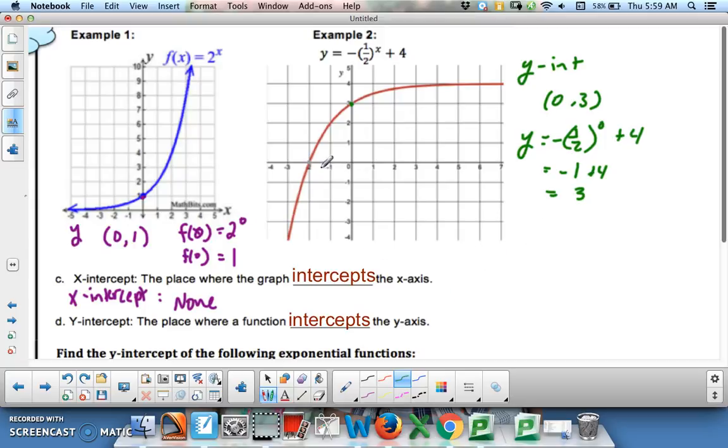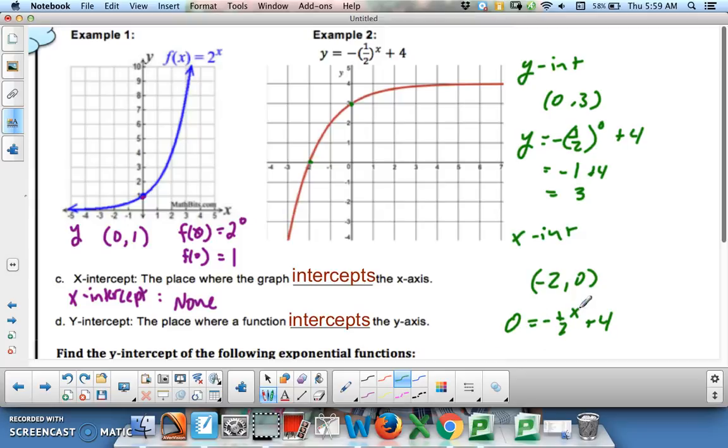The x-intercept this time, it does cross the x-axis because my asymptote's in a different spot, so it's not approaching that 0 anymore. I cross the x-axis, and graphically it looks like it is at -2. So that's going to be (-2, 0). Now, technically, you could do this algebraically by saying 0 = -(1/2)^x + 4 and solving this equation.